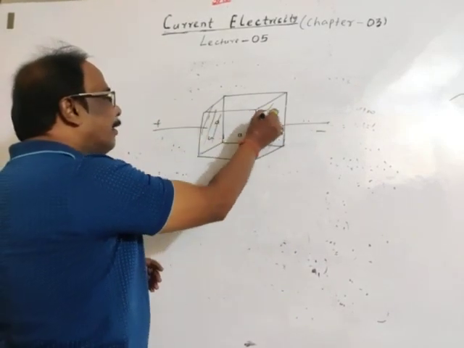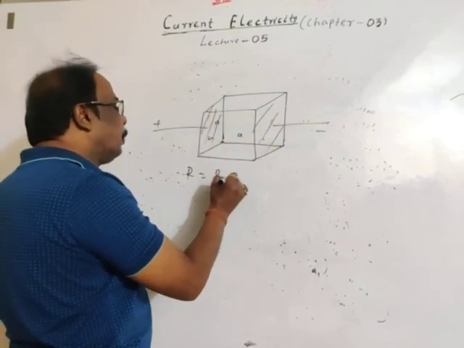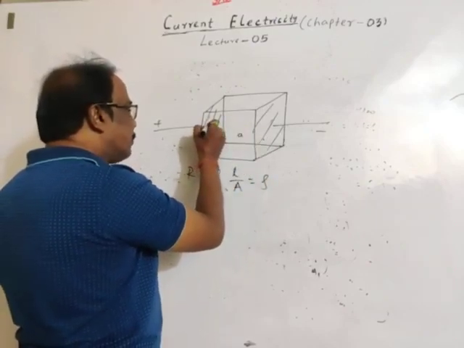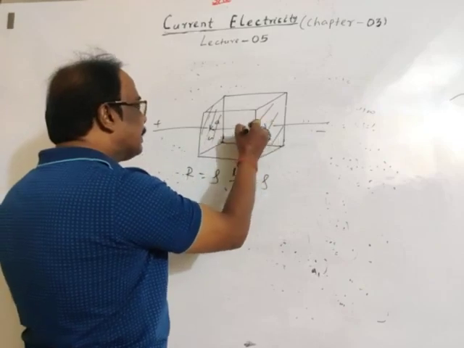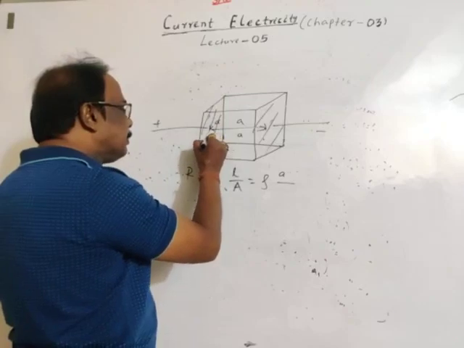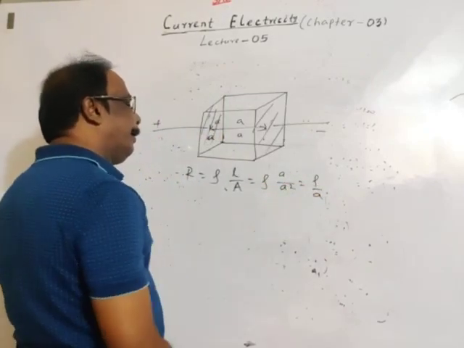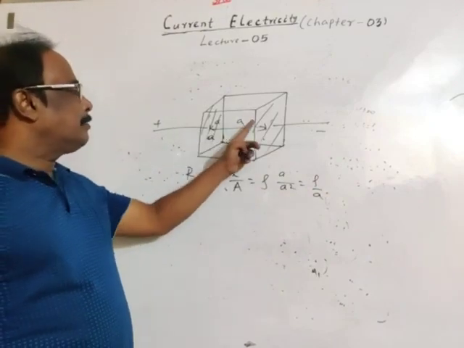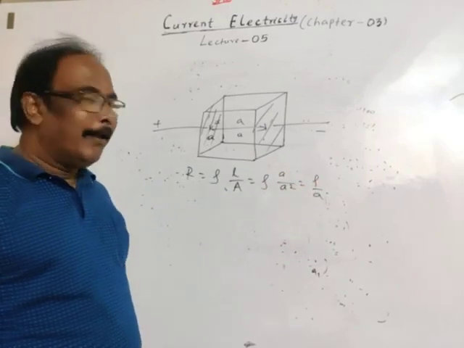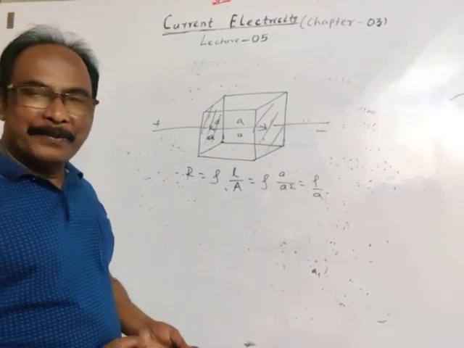Then these two are the areas of cross-section, and this is the length, and resistance is equal to rho L by A. Here the length is a, and the area of cross-section is a square. So resistance is rho by a, length a, area a square. The values are given, you can put them in easily.